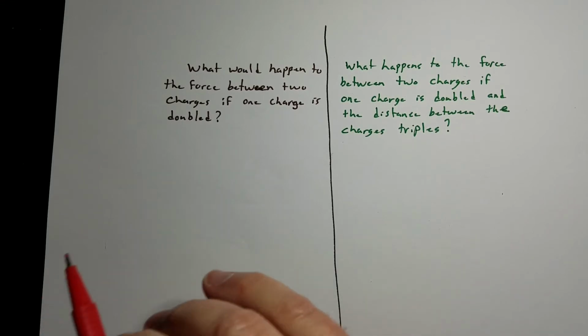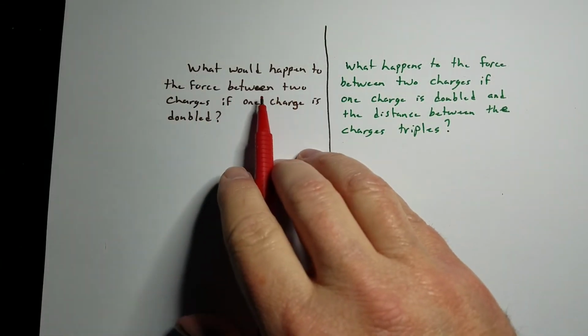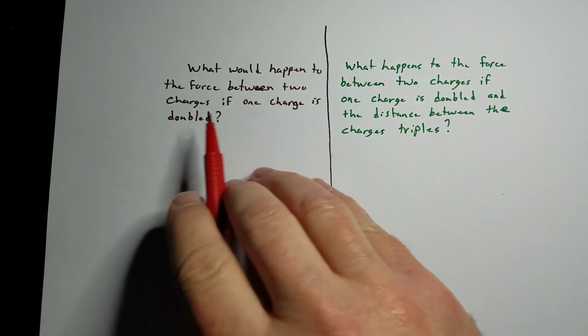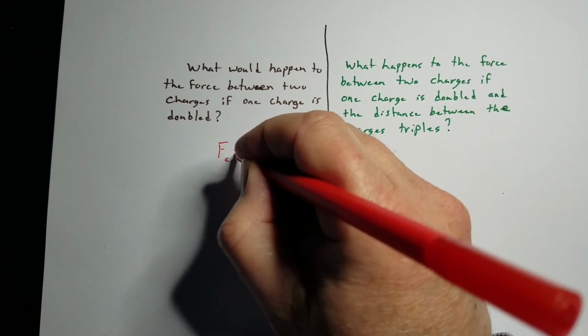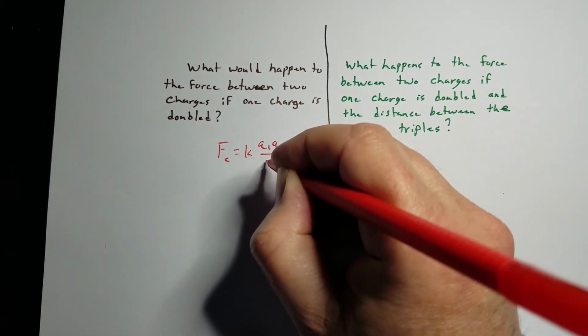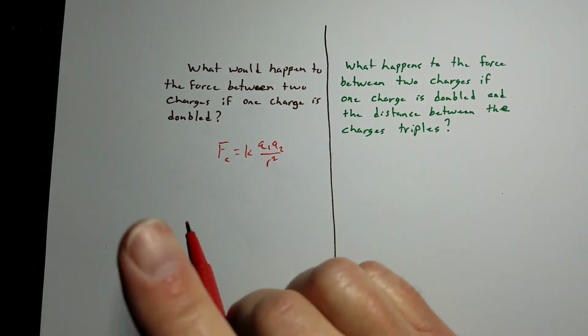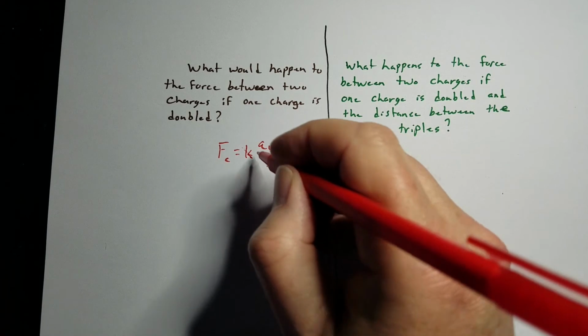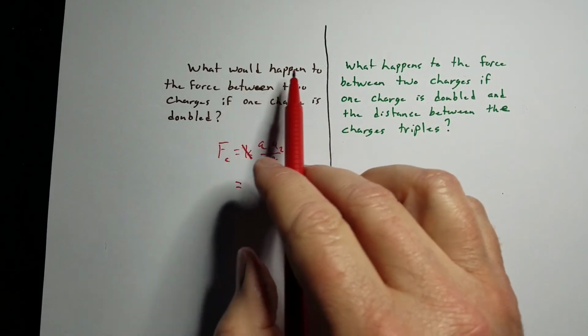Okay, we've got two examples here. Let's do this one on the left first. What would happen to the force between two charges if one of the charges were doubled? Okay, so start off with our basic equation. Now remember, when we got rid of K and changed everything to 1, F became 1. So we're going to, again, ignore the constant.